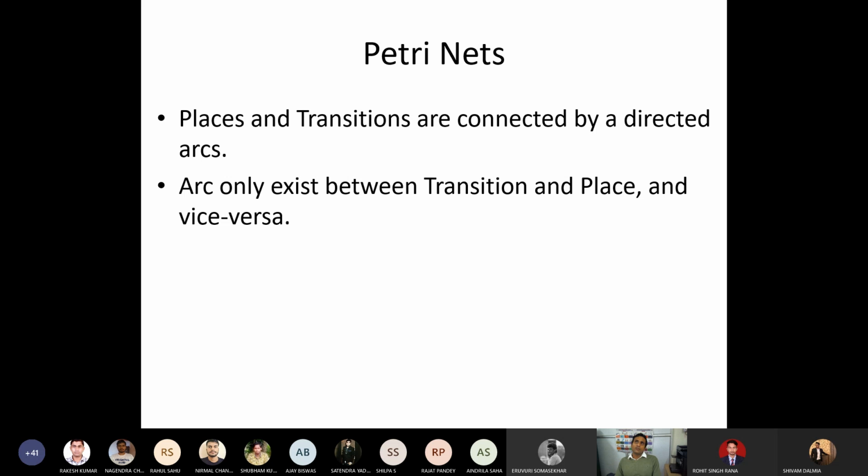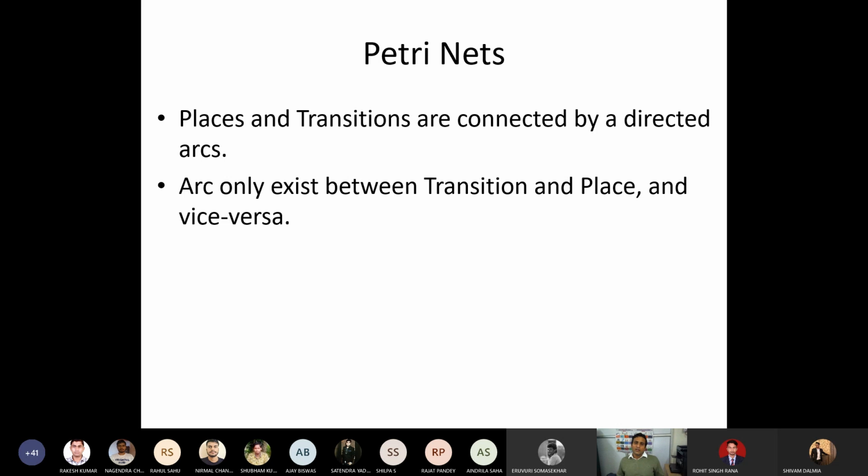You have two disjoint sets connected through arcs: places are one disjoint set, and transitions are the other.